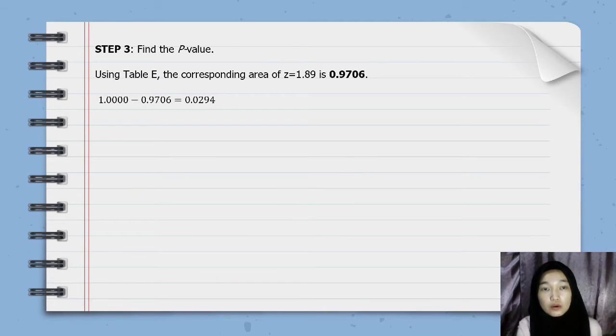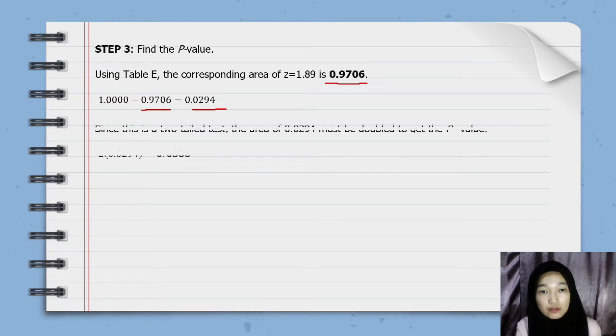Next, step 3, we find the p-value. Using table E, the corresponding area of Z equals 1.89 is 0.9706. So we subtract 0.9706 from 1 and we get 0.0294.